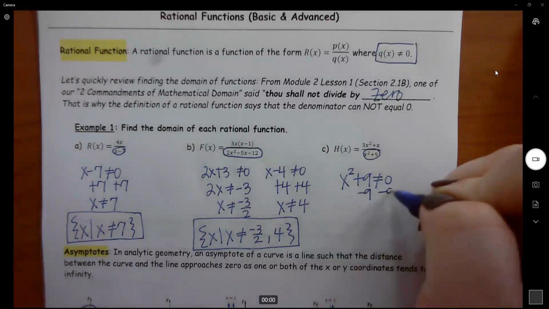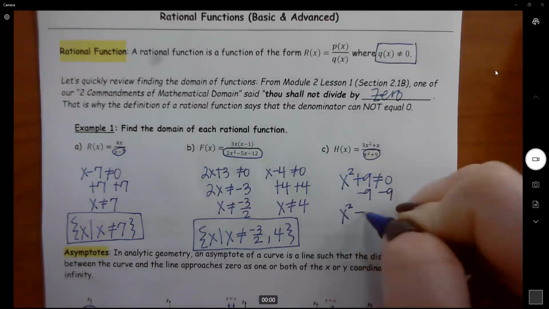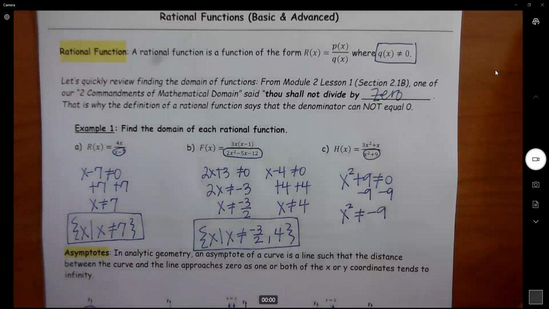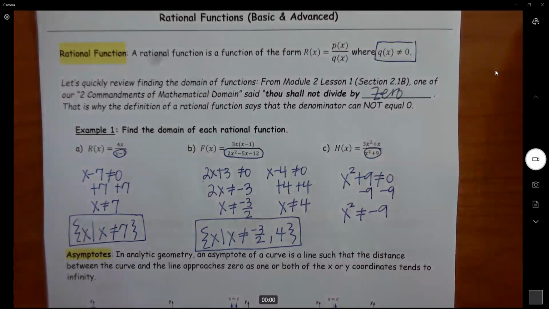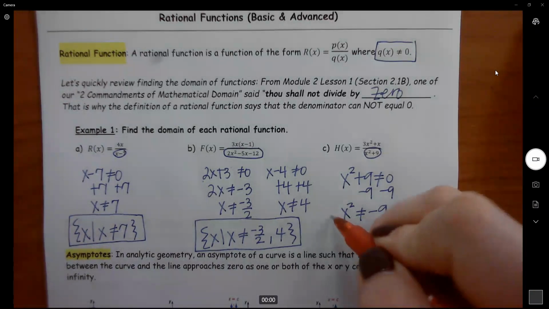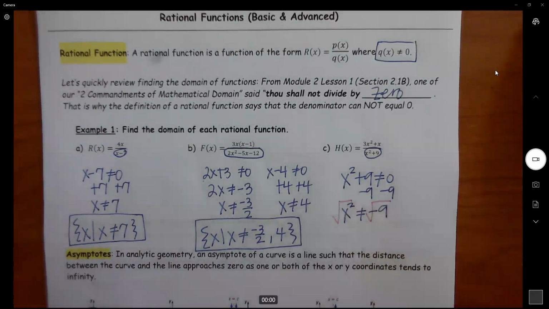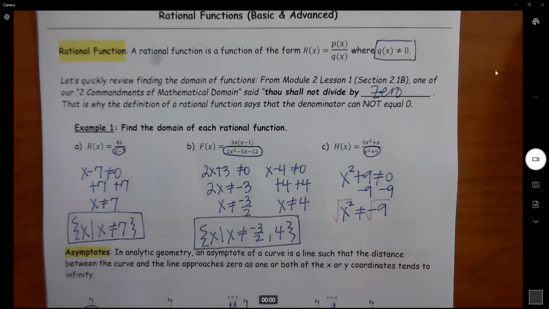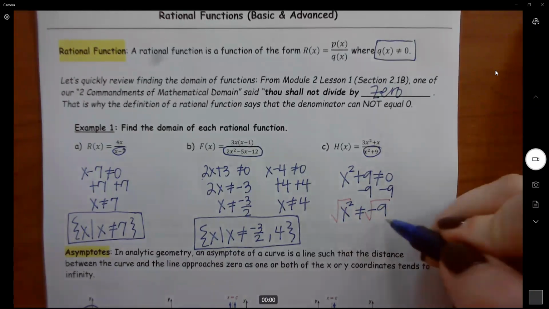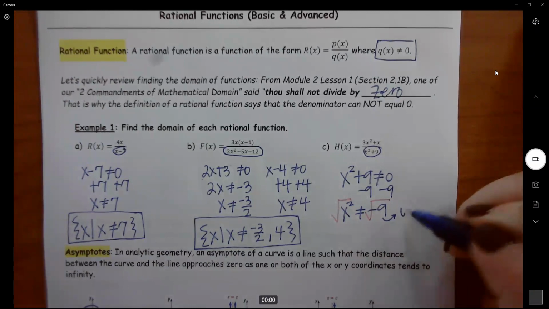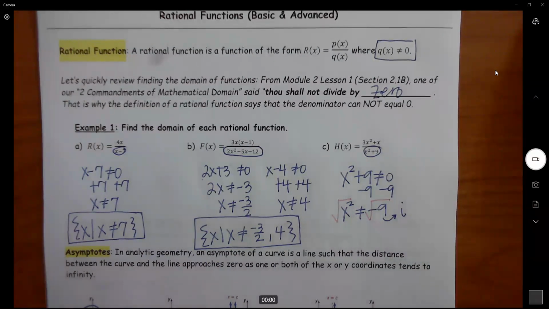I'm going to subtract my 9 over, and we get x squared cannot equal negative 9. Now that I have my squared term by itself, the opposite of squaring is to take the square root. If you notice here, I get a negative under a radical, which becomes imaginary.